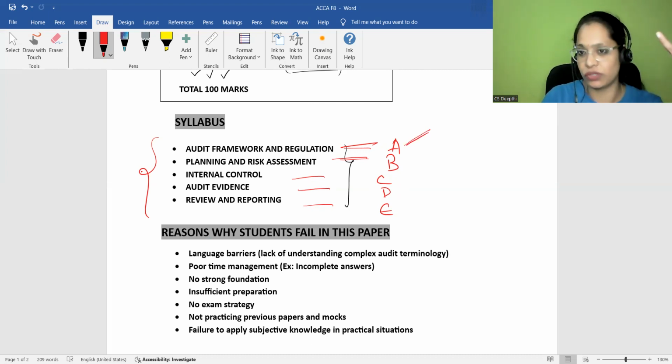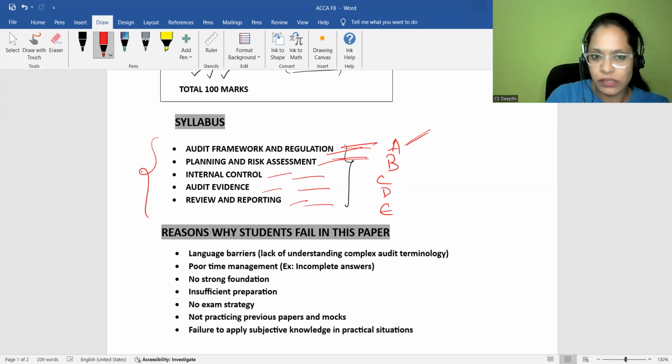We have 12 chapters entirely. So we have to study Part A, Part B, C, D, E in a particular sequence, and that sequence should be followed. And this is your syllabus.